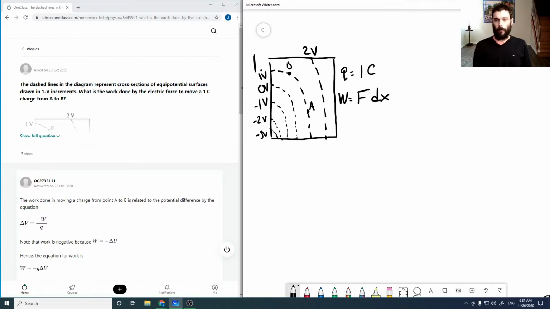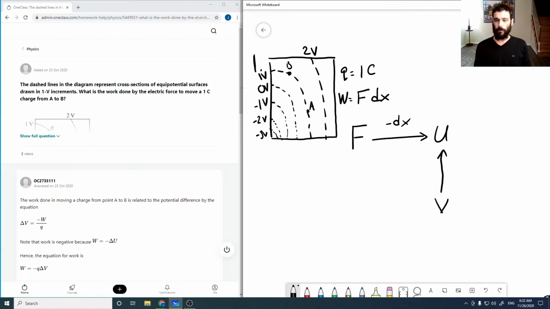But the way I like to remember all of our relations, especially on electrostatics, is that force is related to potential by a multiplication of minus dx. Potential energy, I should say.